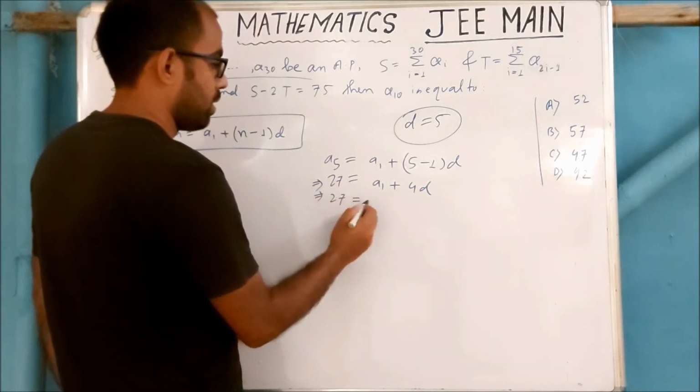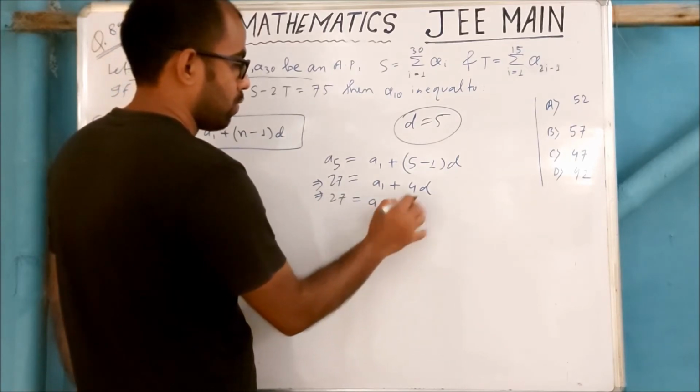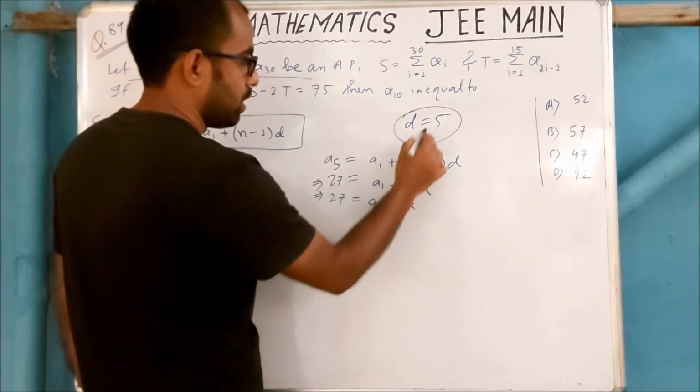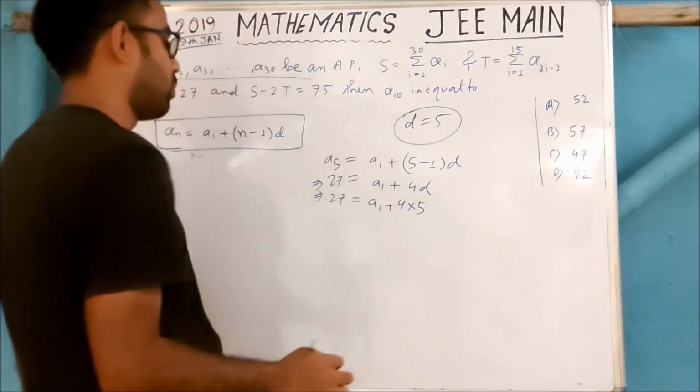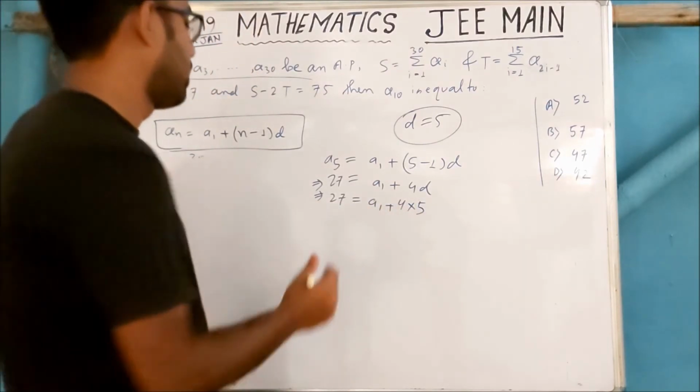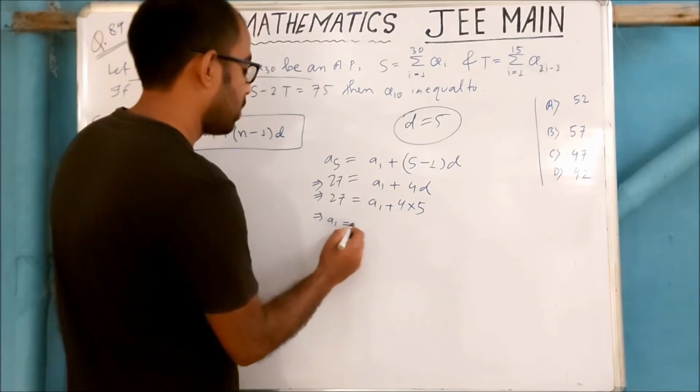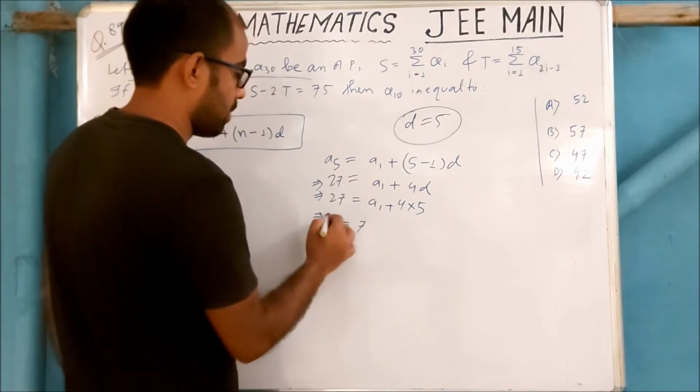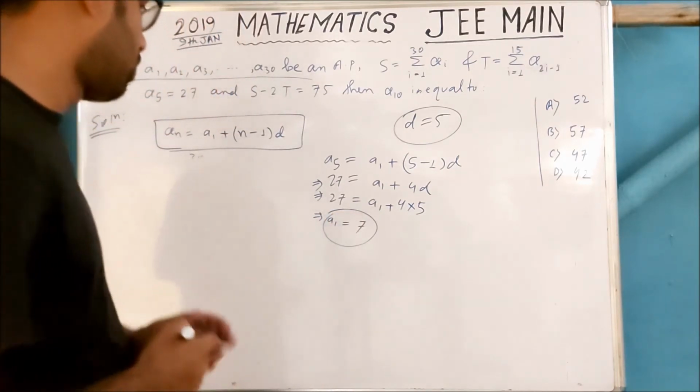So 27 equals A1 plus 4 into D. D equals 5, that means 4 into 5 is 20. 27 minus 20, that is A1 equals 7.